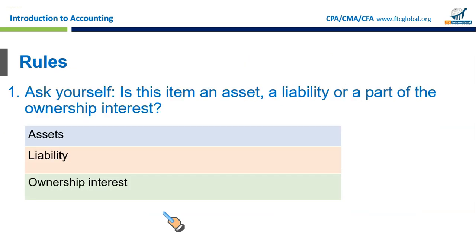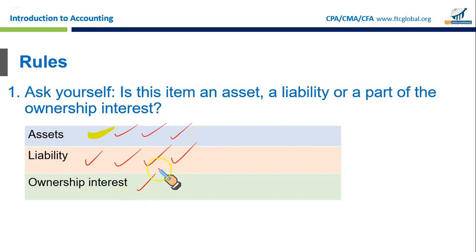Ask yourself, is this item an asset, a liability, or a part of owner's interest? Cash, asset. Accounts receivable, asset. Inventory, asset. Property, plant and equipment, asset. Accounts payable, liability. Bank loan, liability. Mortgage payable, liability. Bonds issued, liability.